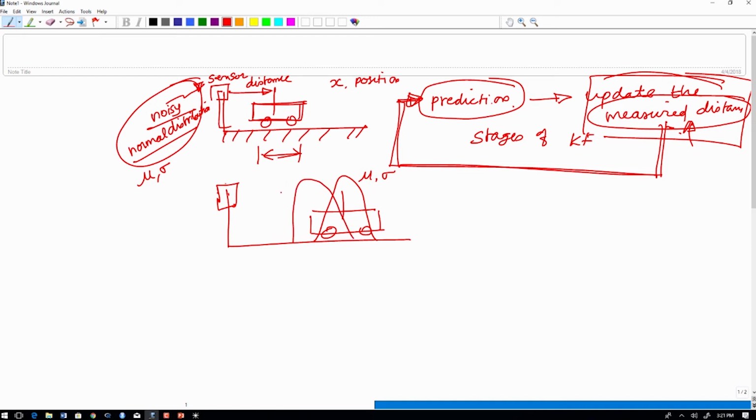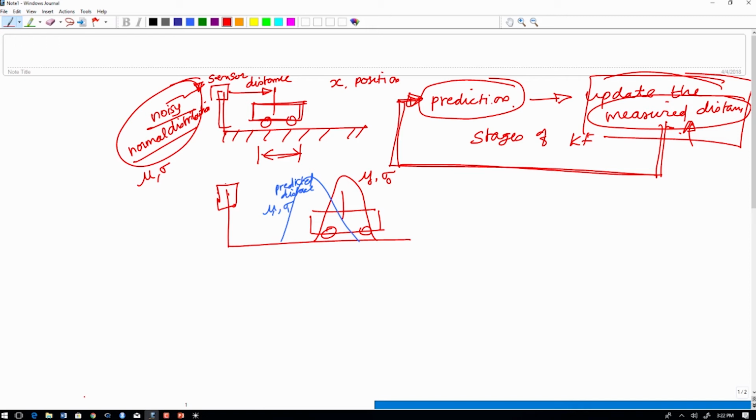Let us say this is the predicted data. Let me take another color, and let us say this is the predicted distance. The predicted distance also has a mean and a variance. Let us say this is 1 and this is 1, and the measured one is this one.